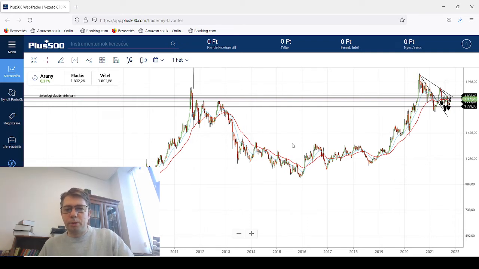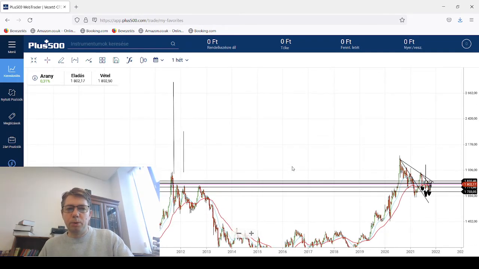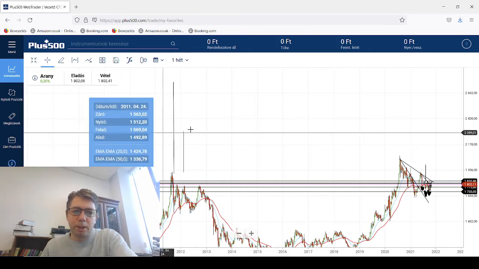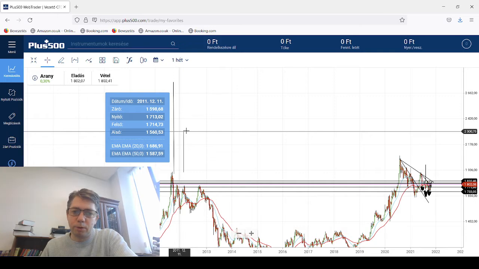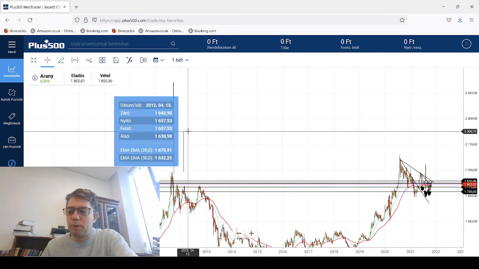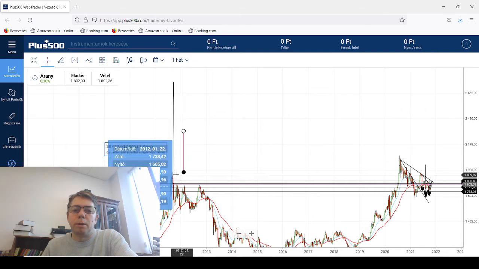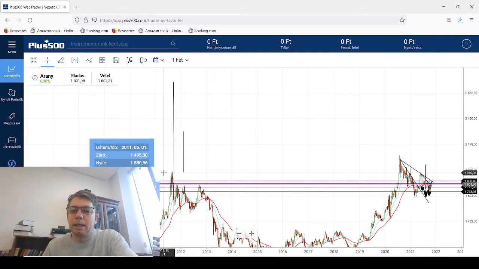I already measured them for you in my previous videos, and my price target is very conservative. Price target is 2,300. This is very reasonable once we break above the neckline, which is around 1910.